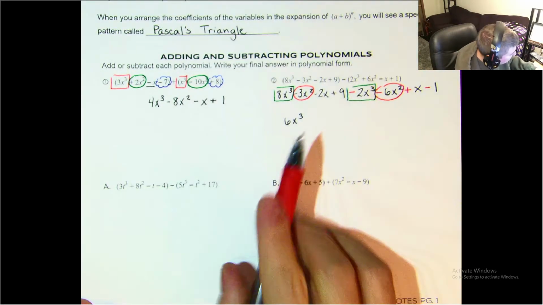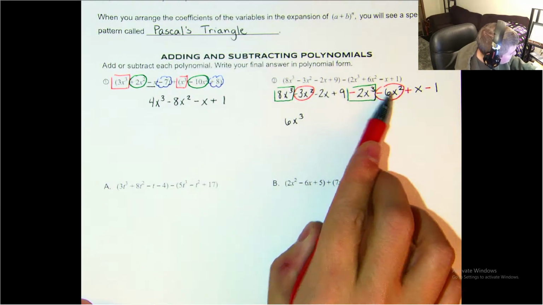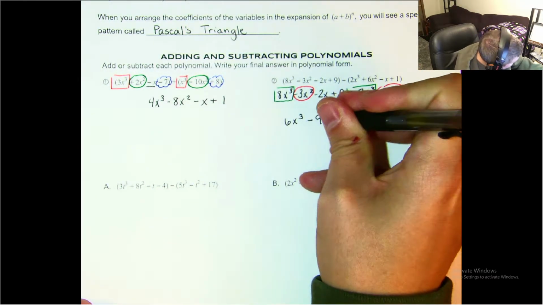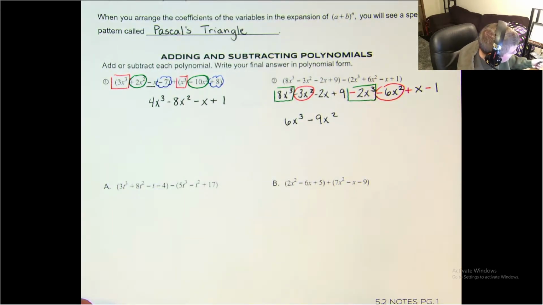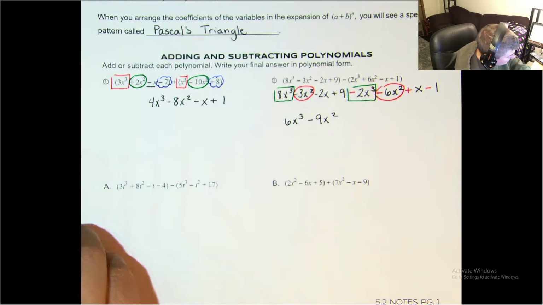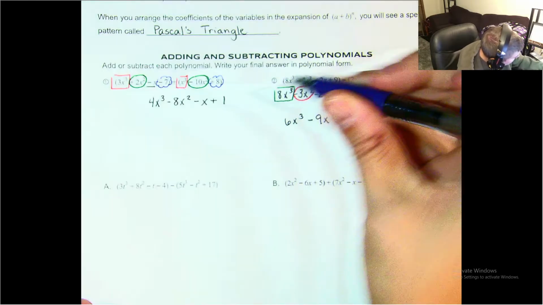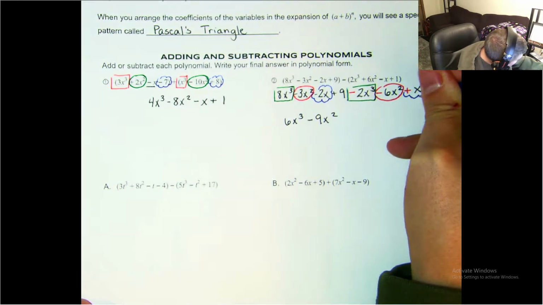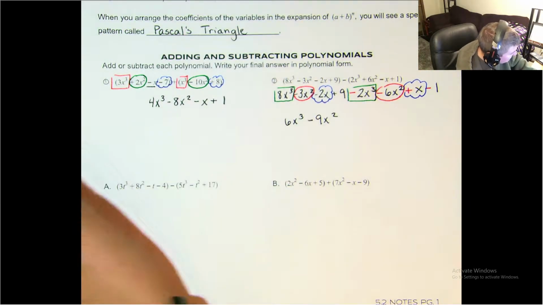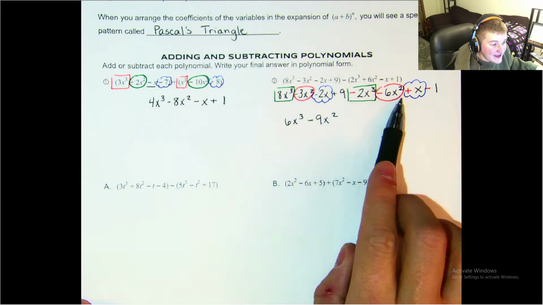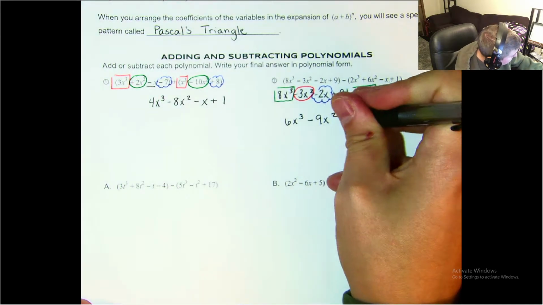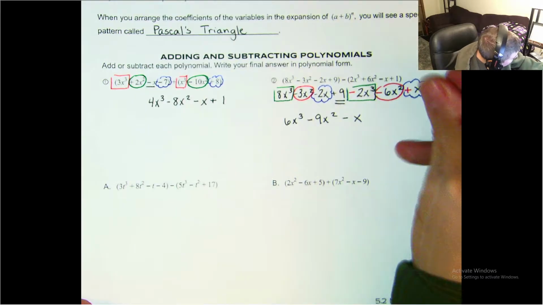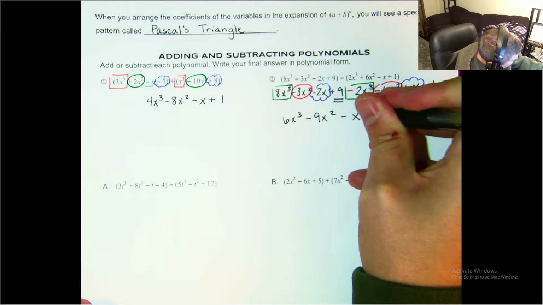Negative 3x squared minus 6x squared, that would be minus 9x squared. Okay, negative 2x can be combined with positive x. So negative 2x plus x would be negative 1x, or just minus x. And then lastly, we have positive 9 and negative 1. That combines into 8.